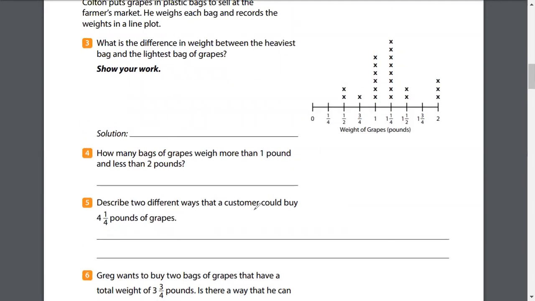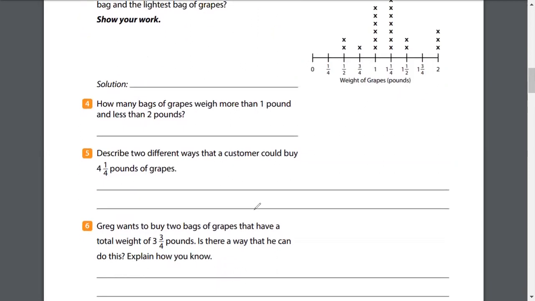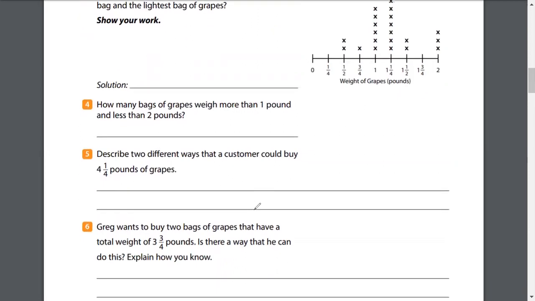You are trying to get 3 3/4 pounds using 2 bags. So if there is a way you can do that, let me know. So this is a yes or no question, and you will explain your answer.